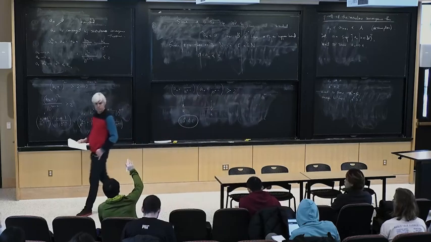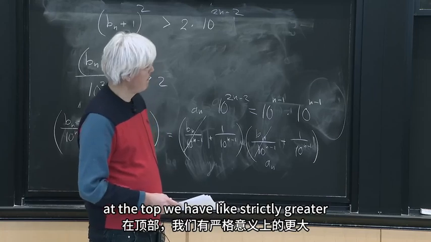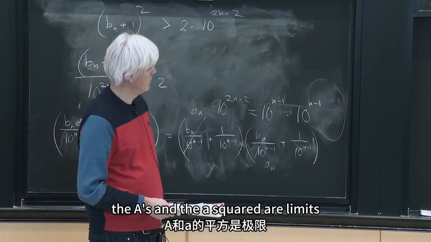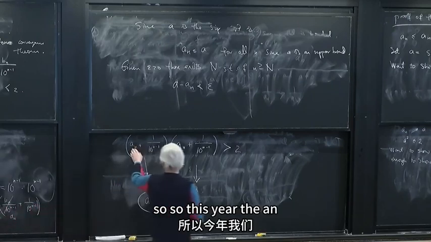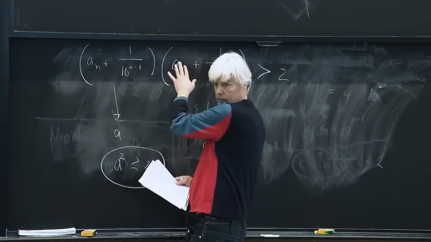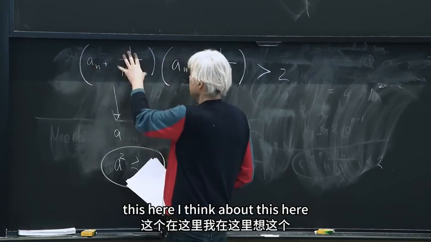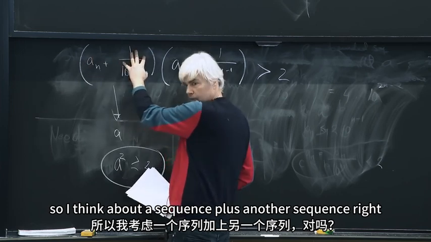So the reason why at the top we have strictly greater than 2, and at the bottom we have greater or equal to, is because the a and a squared are limits, whereas on the top we're considering each element in the sequence. So the an converges to a, right? I think about a sequence plus another sequence.